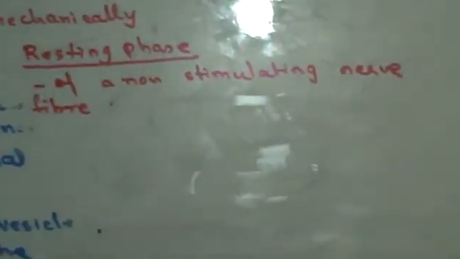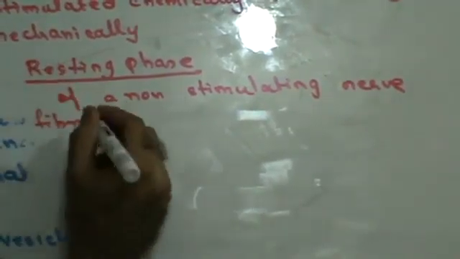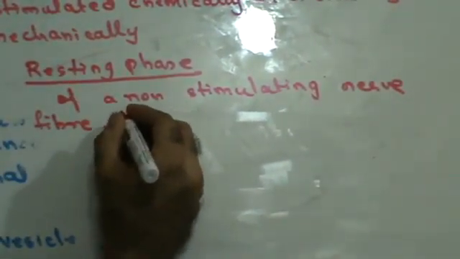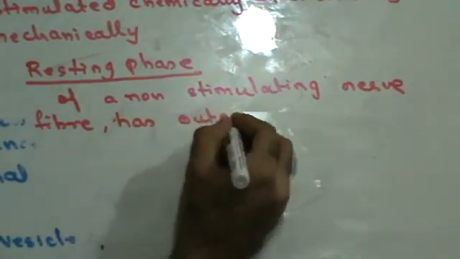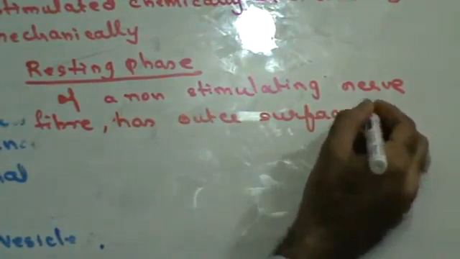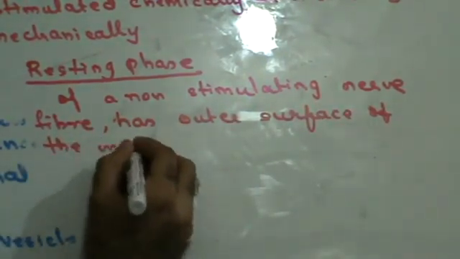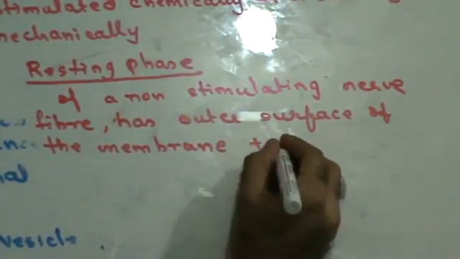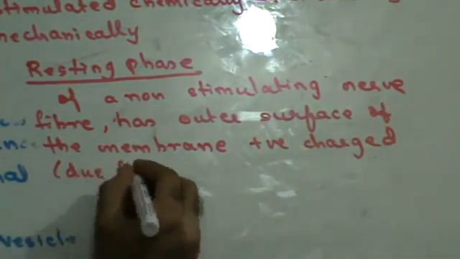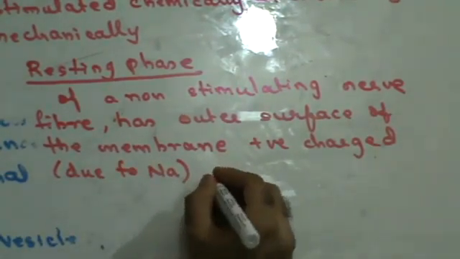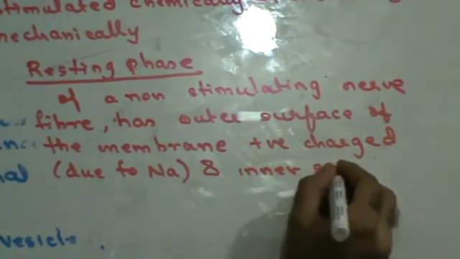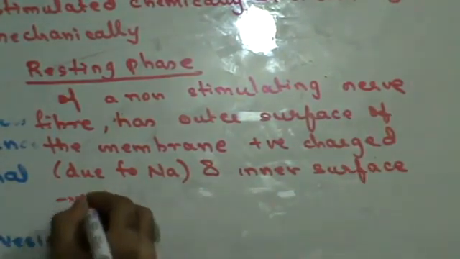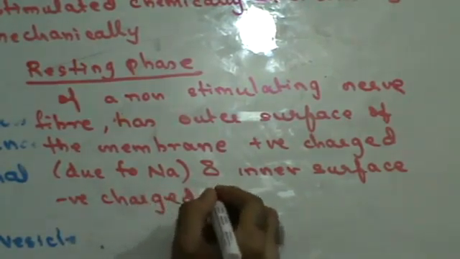So in the resting phase of a non-stimulating nerve fiber, the outer surface of the membrane is positively charged due to sodium, and the inner surface is negatively charged due to potassium.